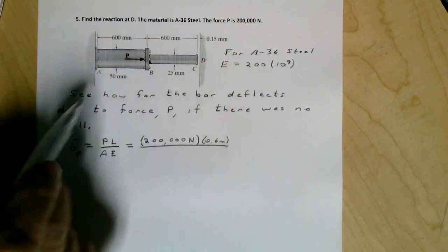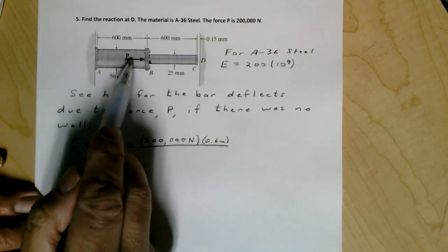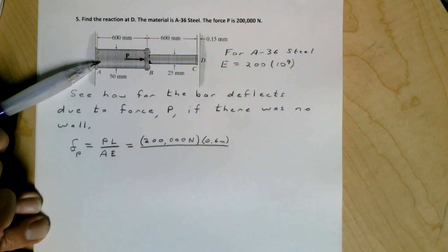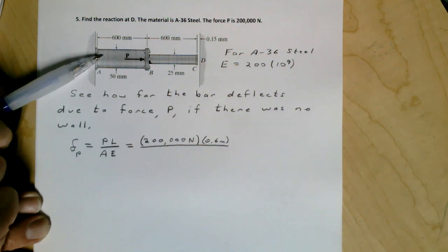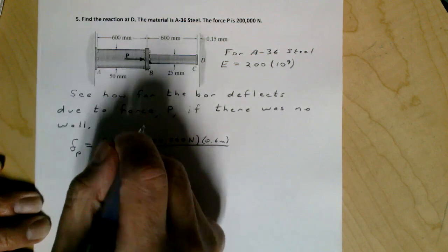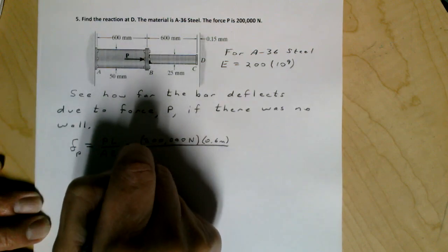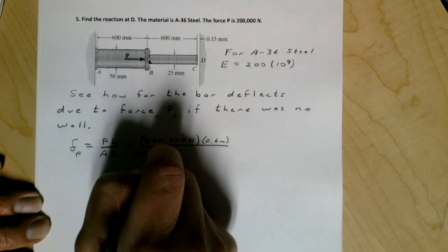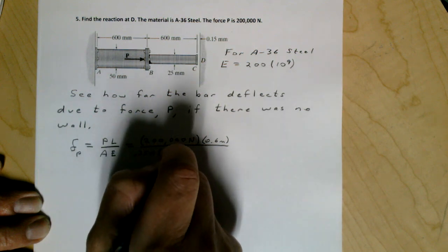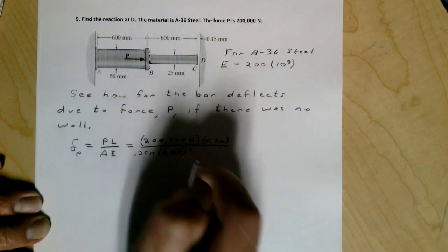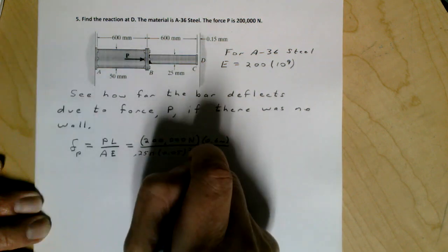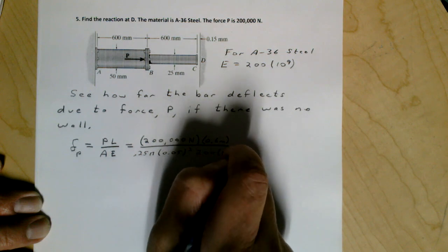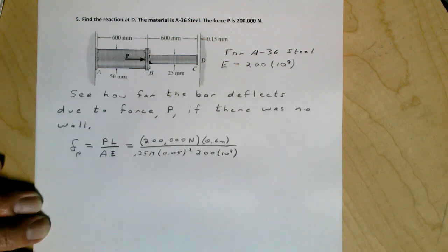The area of the face of this section: this is 50 millimeters, so 0.05 meter diameter, and the area is 0.25 pi times 0.05 squared, times Young's modulus.